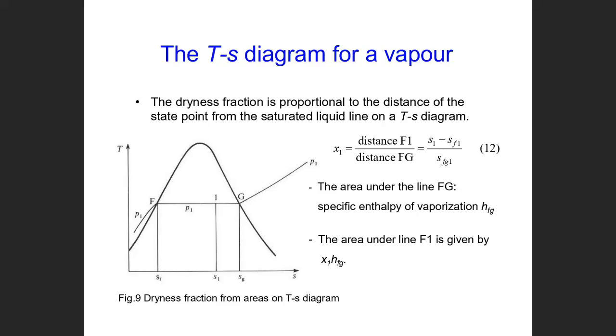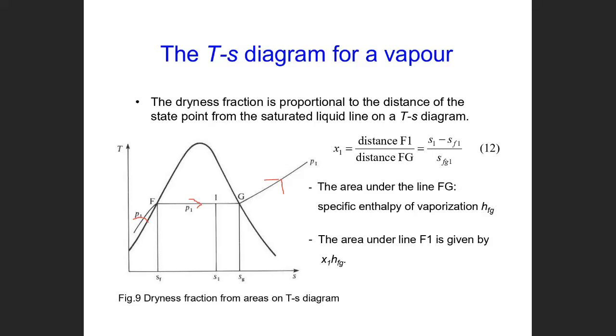On the temperature-entropy diagram, as I have mentioned, this is a heating process at constant pressure, from compressed liquid to saturated liquid, then saturated wet, then superheated.